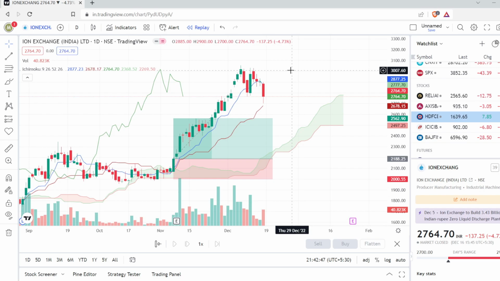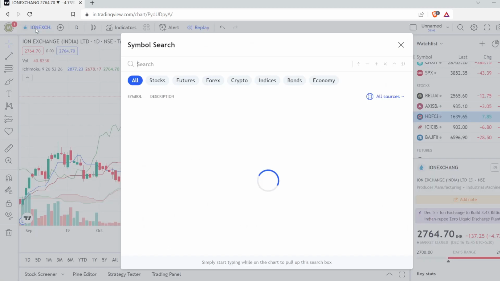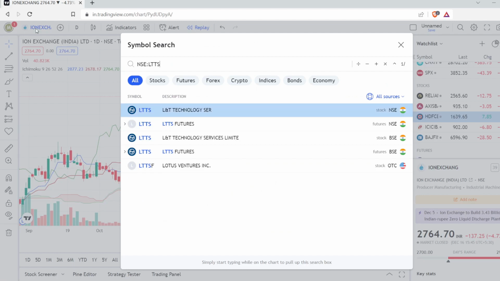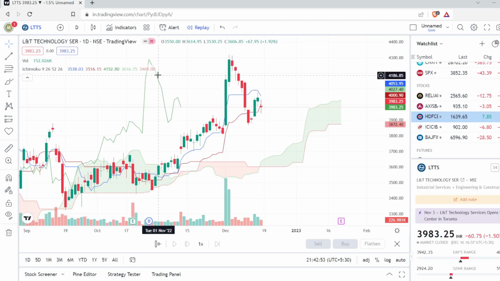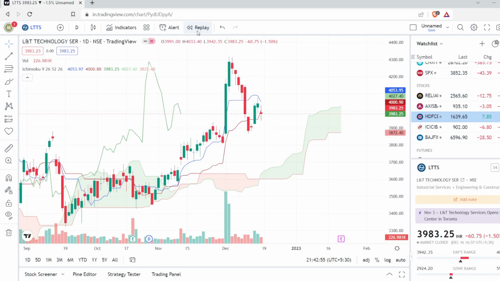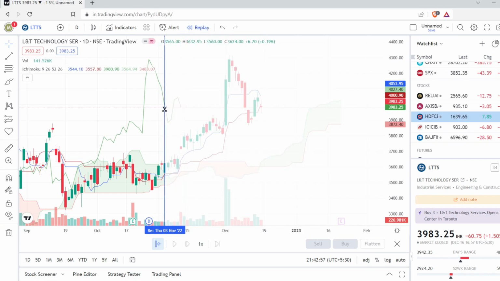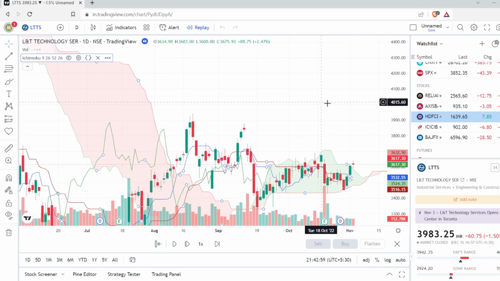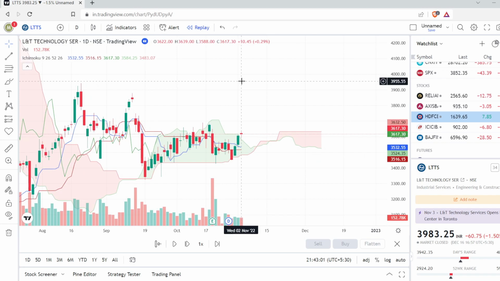The next trade that I would show you is a very good recent trade, LTTS. LTTS broke the Kumo, as you can see, on this day, but we would have waited a bit because, as you can see, the conversion line is above the baseline, but the forward Kumo is still bearish.